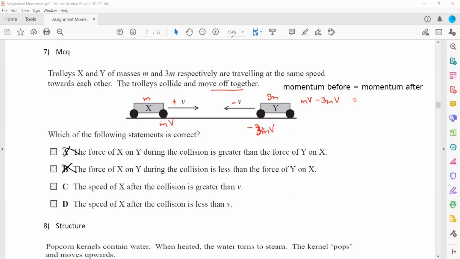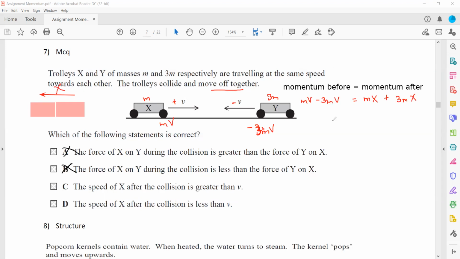As I mentioned, after collision the two trolleys stick together and move off together. So if they move off together, both will have the same speed. The mass of the first trolley, trolley X, is m, and its velocity is say x, that is unknown, and the mass of the second trolley is 3m, and its velocity is also x, because both of them are moving together, so both will have the same velocity.